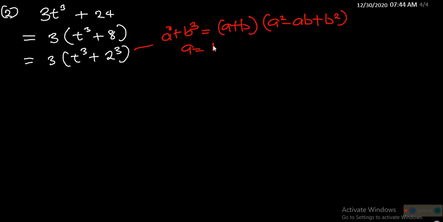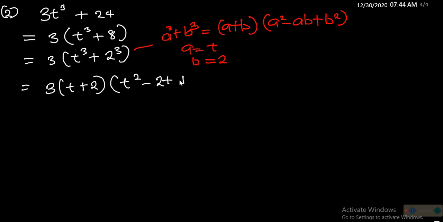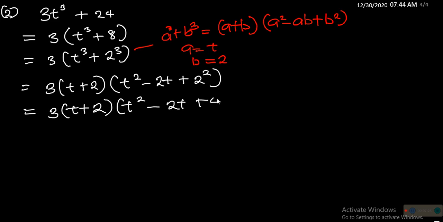So taking a equals t and b equals 2, we can factorize the expression, and then we have 3 into (t plus 2) into (t squared minus 2t plus 2 squared), and that can be simplified further to give us (t plus 2) into (t squared minus 2t plus 4), and of course t squared minus 2t plus 4 cannot be factorized further, so the complete factorization of the expression 3t cubed plus 24 is 3 into (t plus 2) into (t squared minus 2t plus 4).